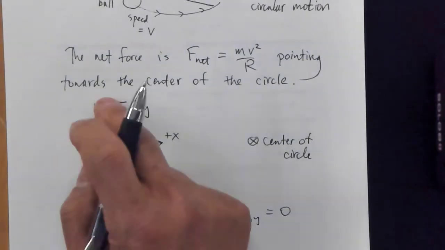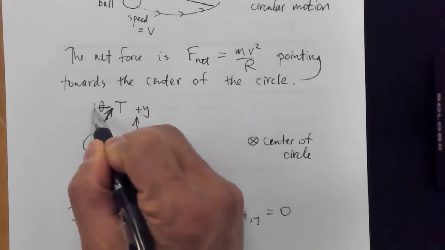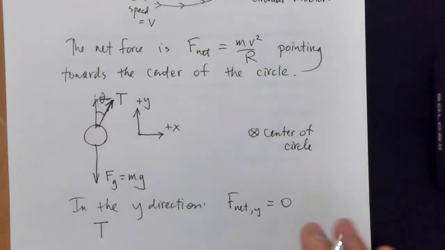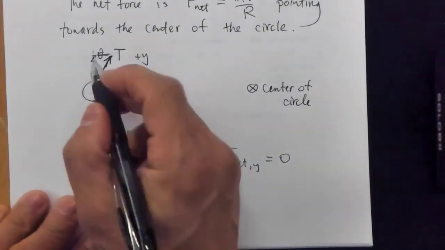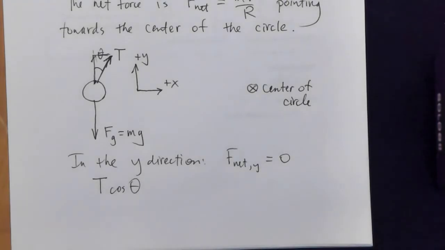Now let's look at what we have here. This is going to be the vertical component of T. So we will have T times the cosine, right, because of the adjacent side here. We have the cosine of theta.